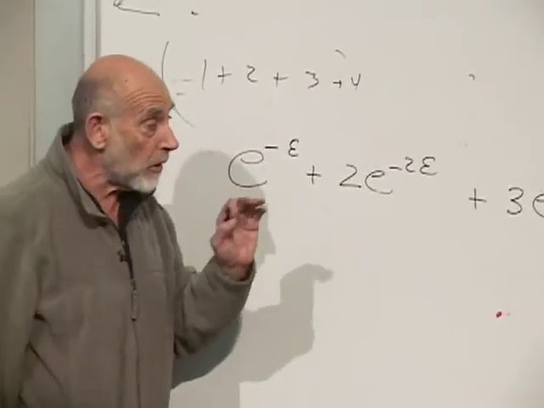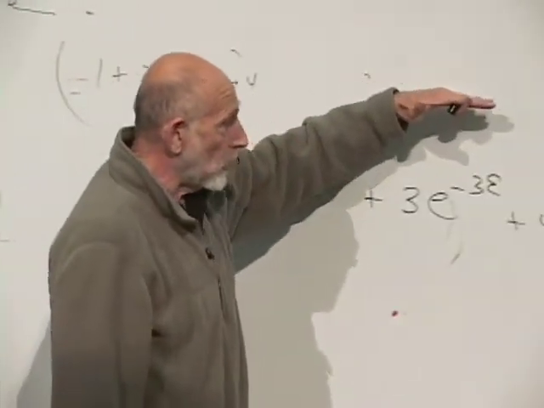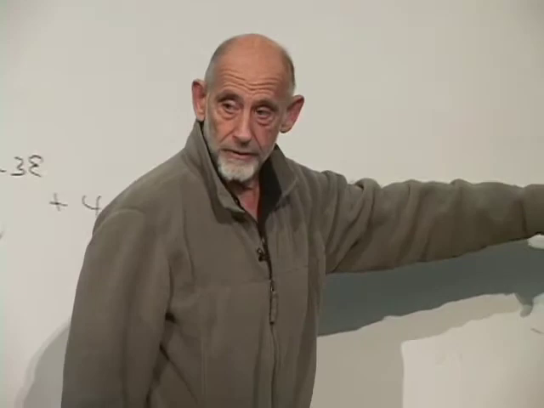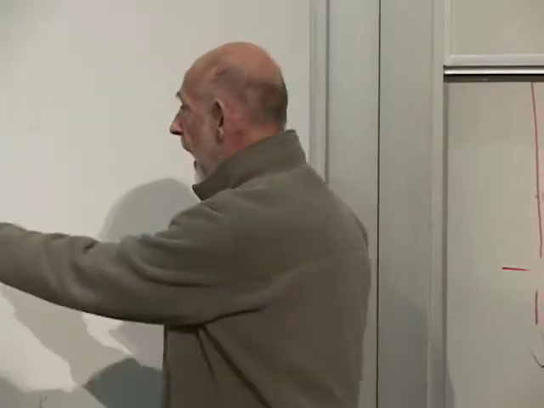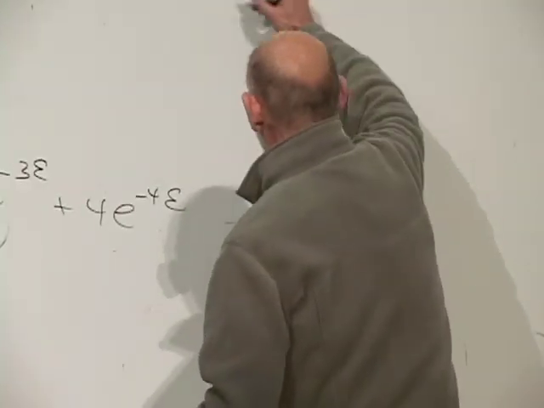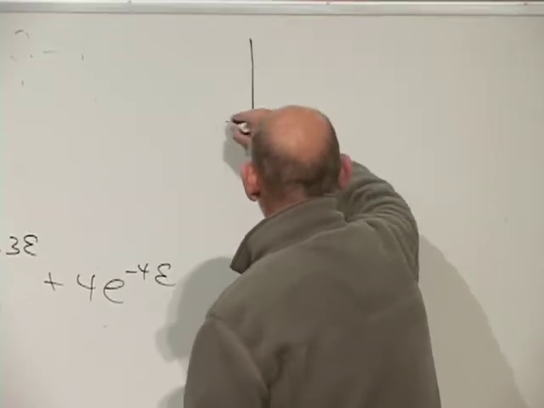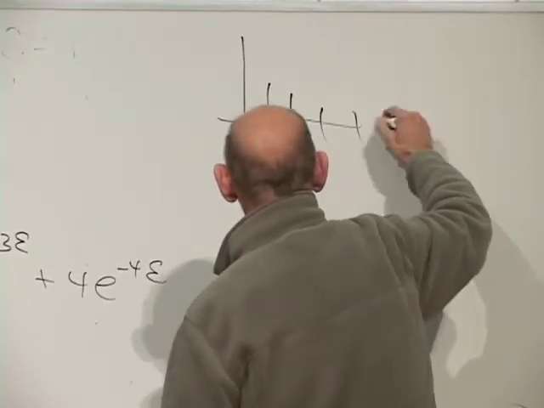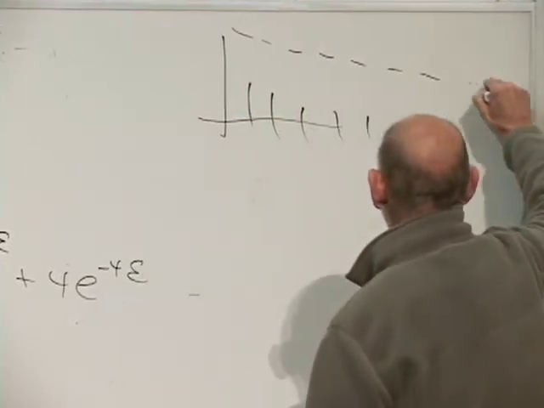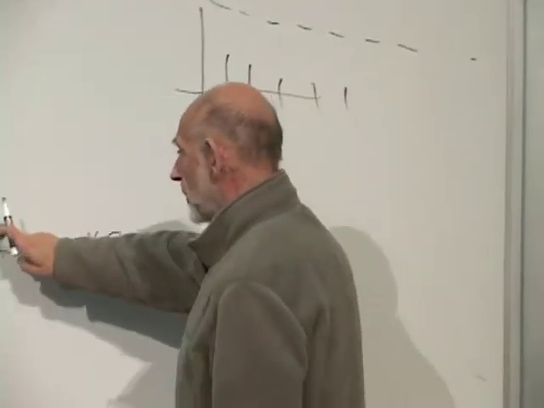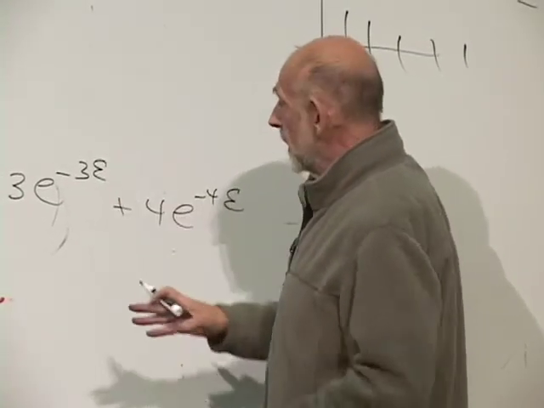Now, if epsilon is small, it takes a long, long time for them to shrink. So if we were just to plot e to the minus epsilon, e to the minus 2 epsilon as a function of the integers, it would fall very slowly if epsilon is a small number. Right?